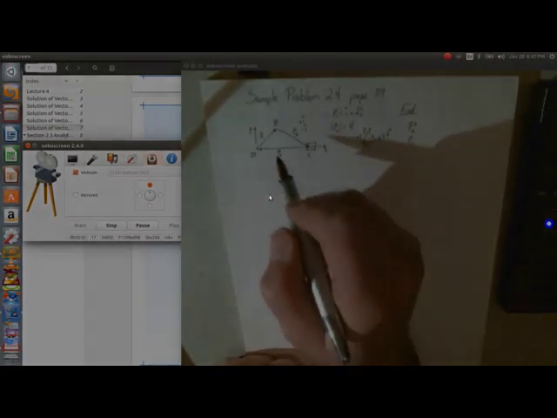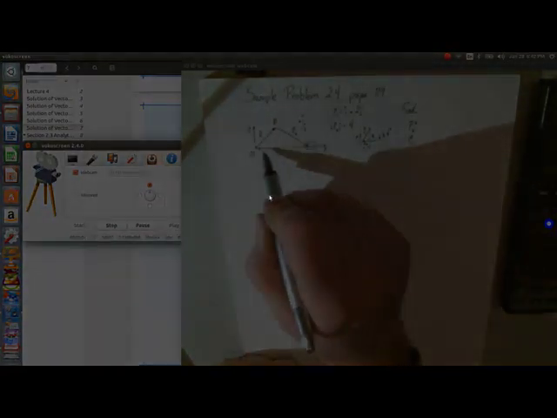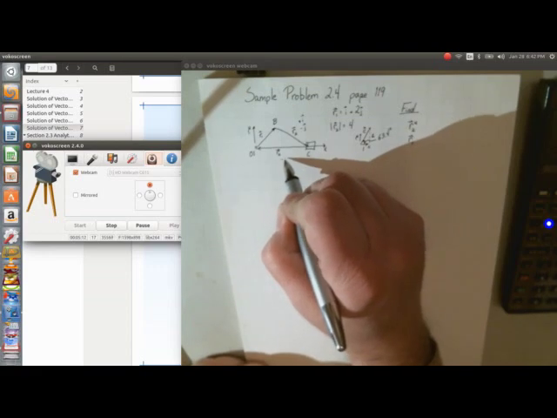And r sub 0, which is horizontal, a nice benefit of defining the problem this way, should only have a negative i component.